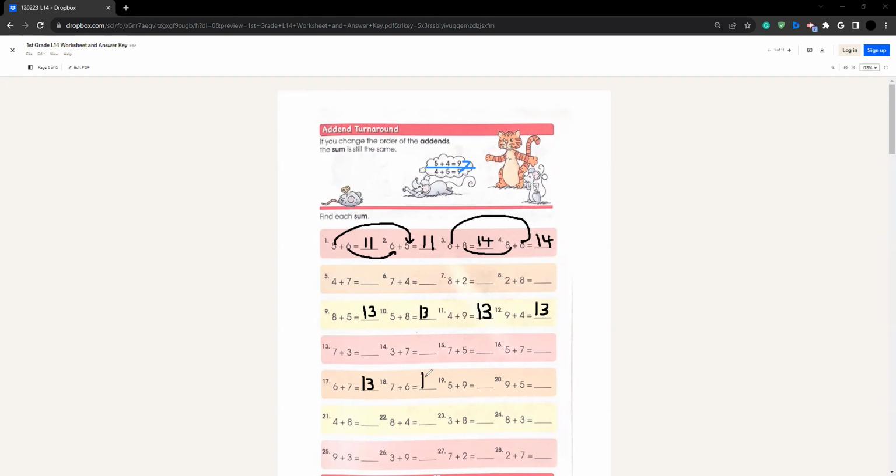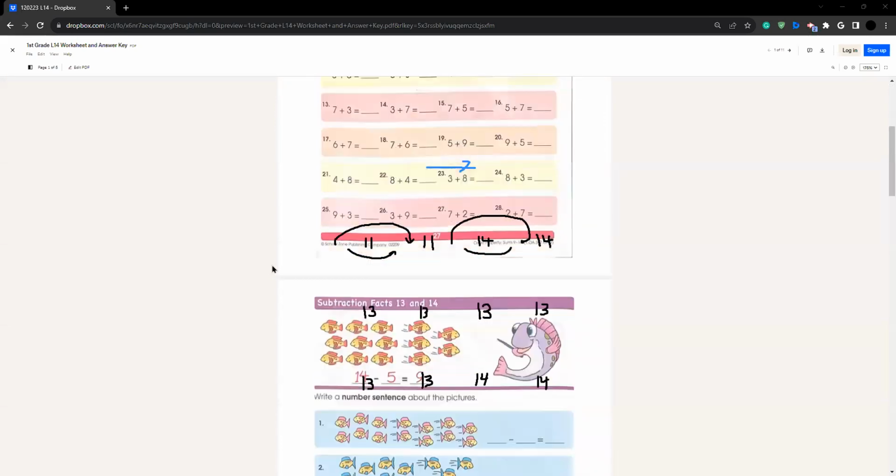Order does not matter, so 7 plus 6 is going to equal 13 as well. Number 19, 5 plus 9. 5 plus 9 is 14. Order doesn't matter, so 9 plus 5, also 14. Okay, let's hop over to the next page.